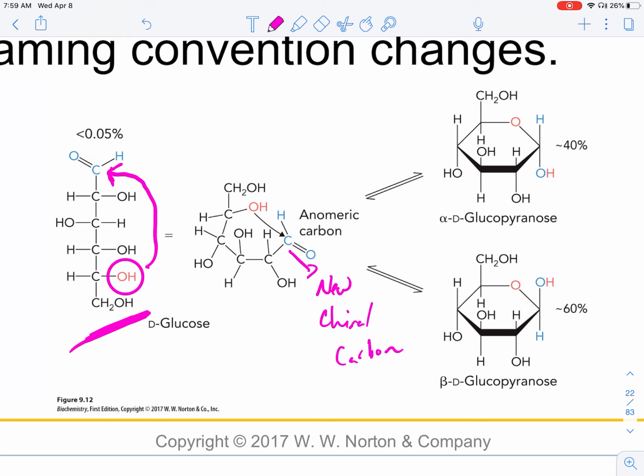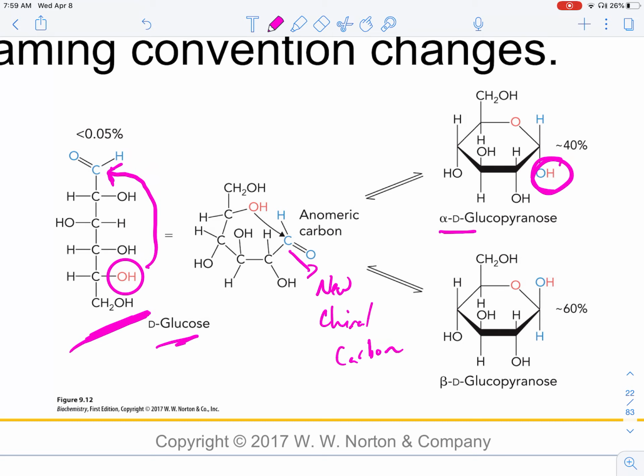And then, depending on the orientation of the hydroxyl that is formed here, if it's in the downward position, it's an alpha. So, this is a D glucose, right?